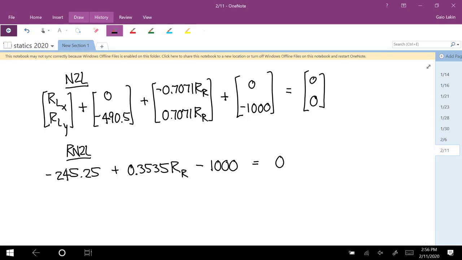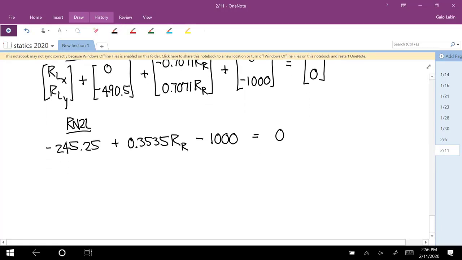So you can use the moment equation right away to solve for RR. And you get 3522.6 newtons.